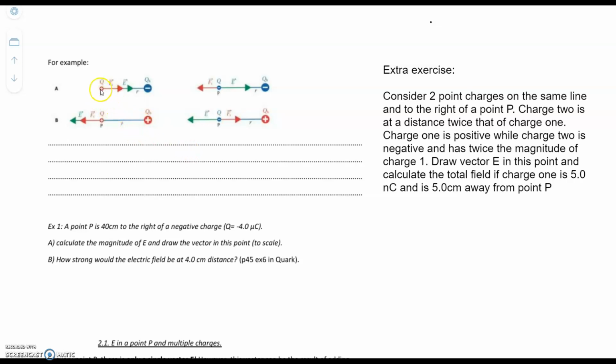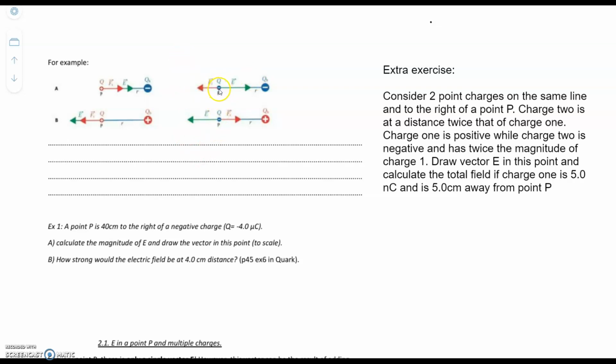If you introduce a positive charge in point P, the force will be following along with field vector E. This is the case in both these left situations. You introduce a positive charge in point P, and you will see that your Coulomb force follows along with E. In the situation on the right hand side, you introduce a negative charge in point P.